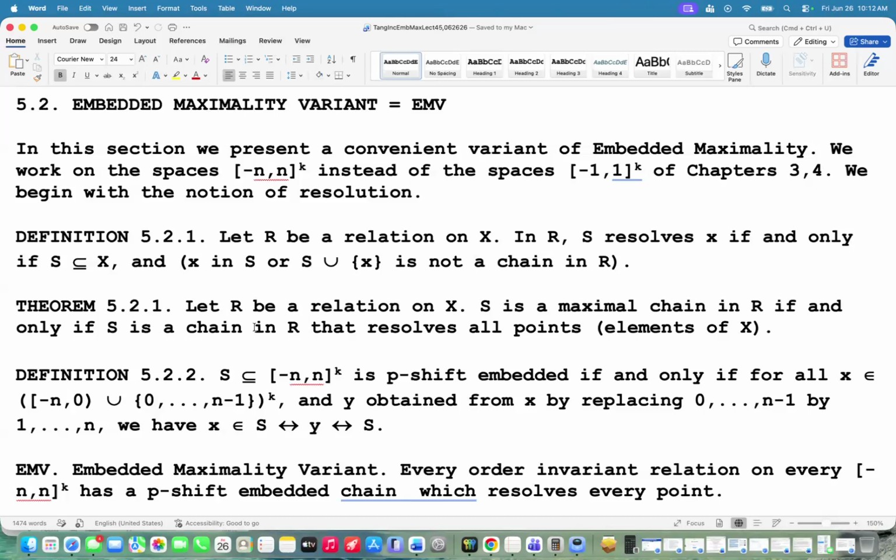And so this says that if I have x in minus n, 0 through n minus 1, and you replace 0 through n minus 1 by their successors, 1 through n, you don't change membership in S. You get this. Ah, okay, just a second here.